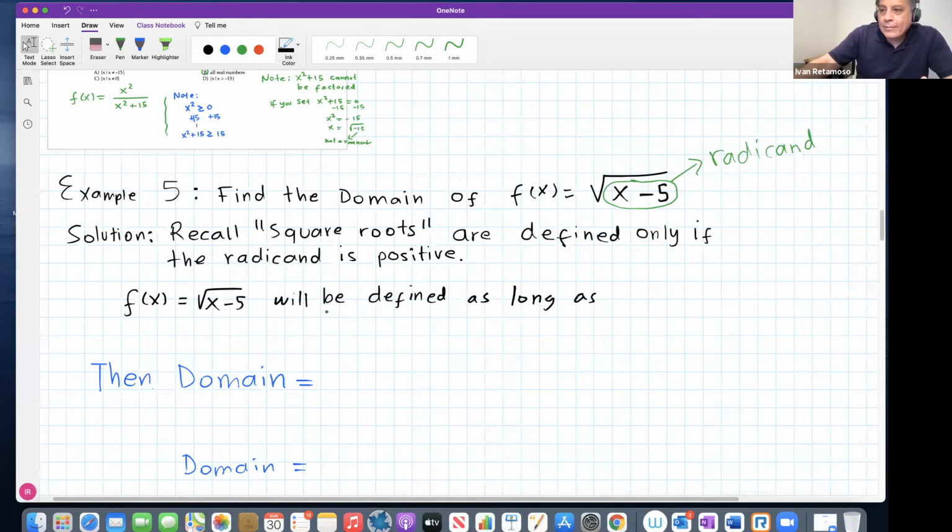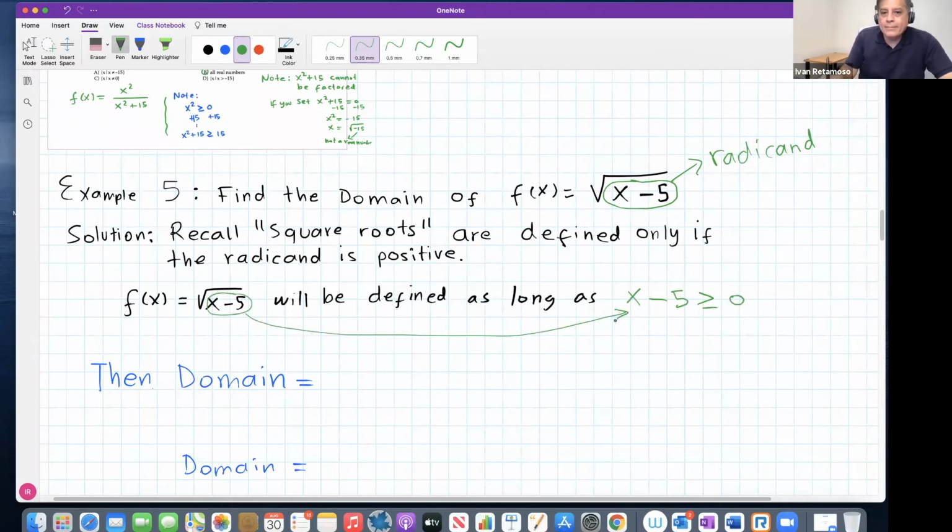For that, you set x minus 5 greater or equal than 0. Then you solve this inequality, and you get that x is greater or equal than 5. And this should be your domain.